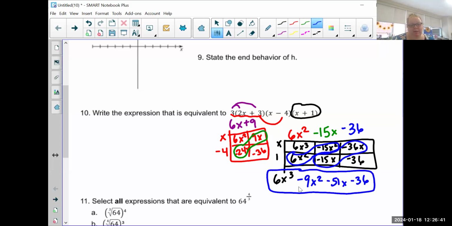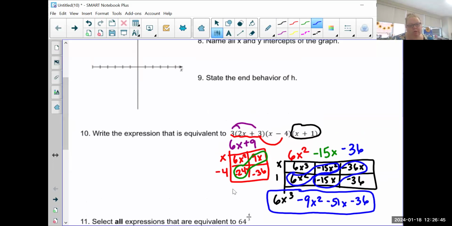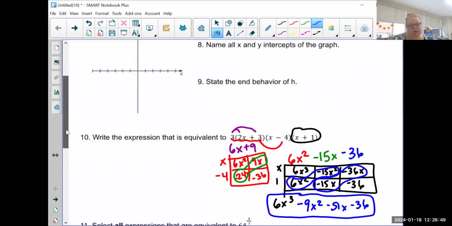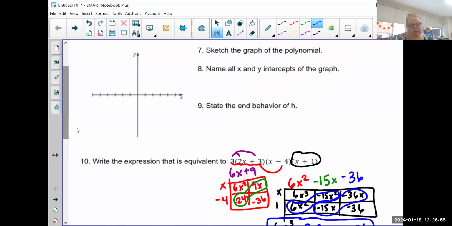All right, so using this concept is how we're going to do number 9, but we don't need to know everything for number 9. So it's actually easier to do 8 and 9 first and then graph it. So for stating the end behavior, we needed to look back at our notes and remember how to do the end behavior.